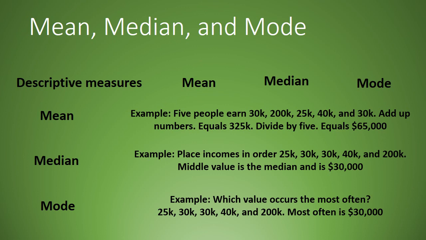The reason why is because that one person who makes $200,000 a year makes it look like the average person makes much more when you use the mean. The median and the mode measurements help correct for that really large income when taking an average. The median and mode are still not as precise as they could be, but they are much closer to what most people earn. Most people do not earn $200,000 a year.